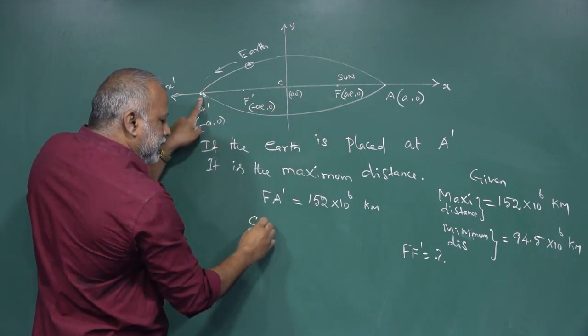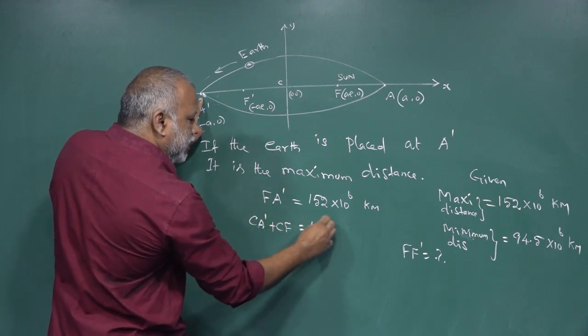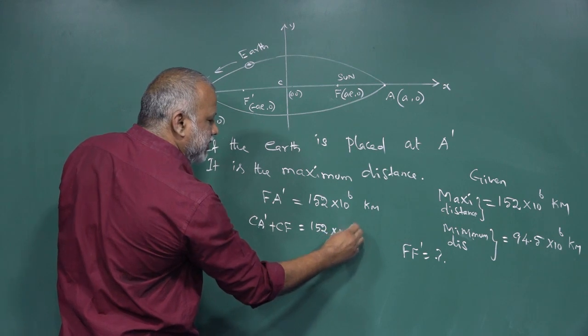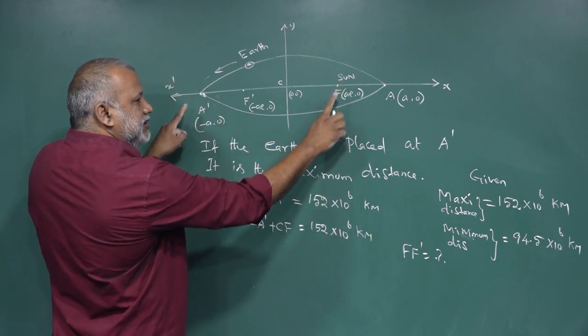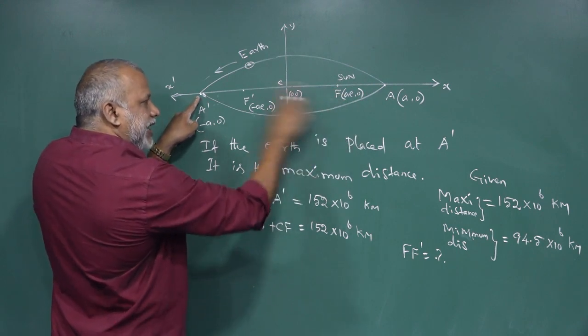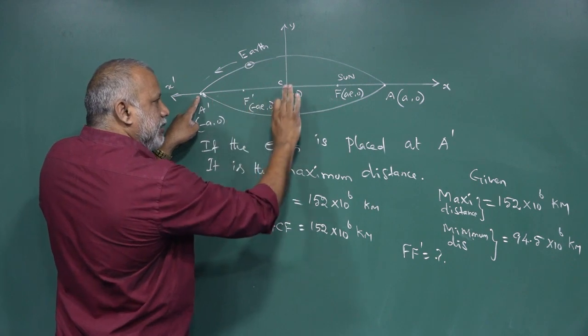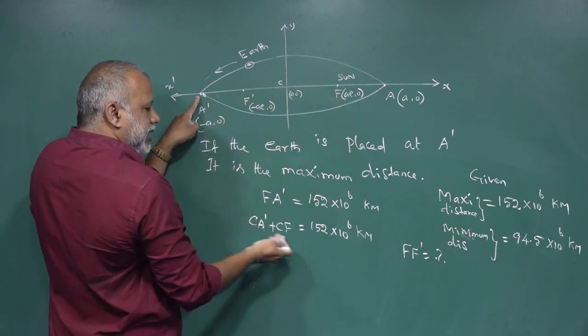So I can write CA dash plus CF equal to 152 into 10 to the power 6. This is F, and I am splitting this total distance F A dash into CF and CA dash.